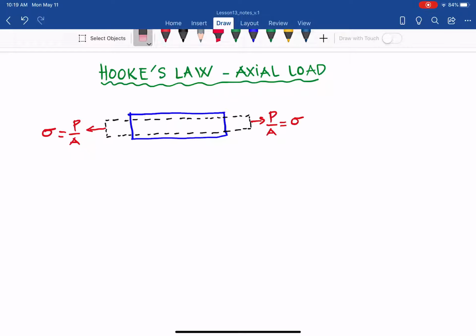We also know how to define the longitudinal and lateral axes. This is the longitudinal axis, and the one that transversely cuts it is the lateral axis.